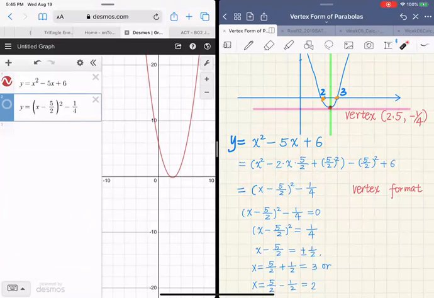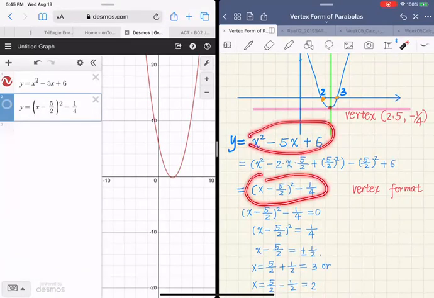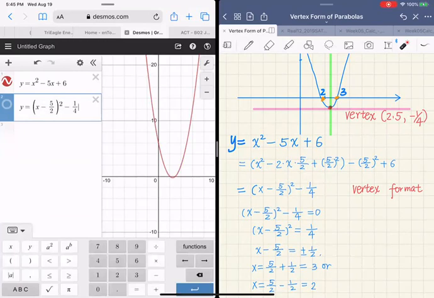If you do your completing the square, and you type in this and this in Desmos, if they show two different results, then that means your calculation is wrong.